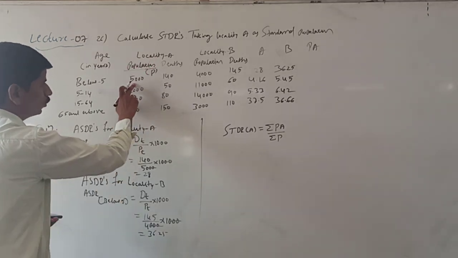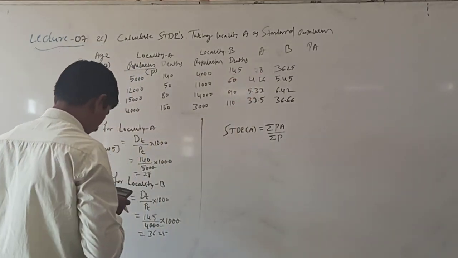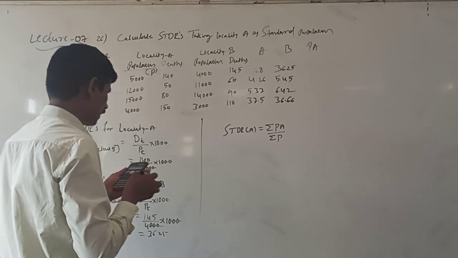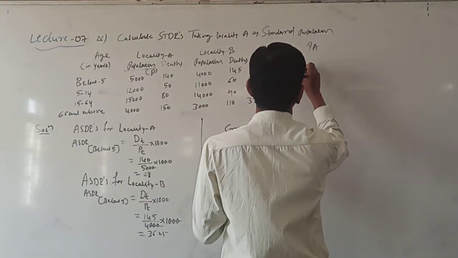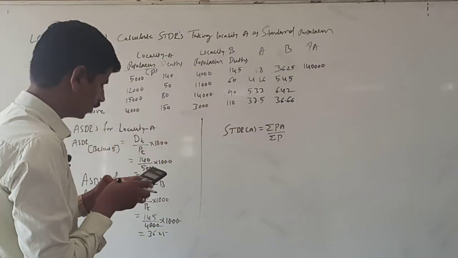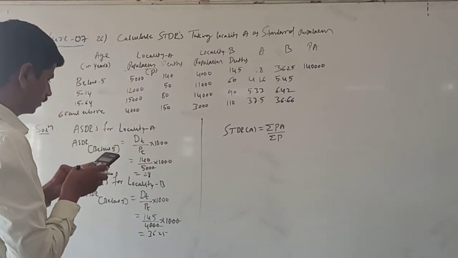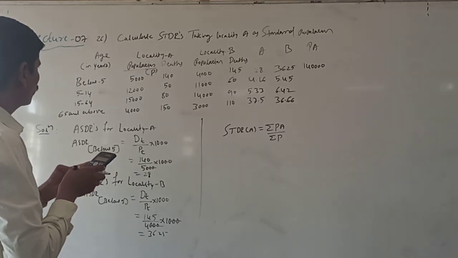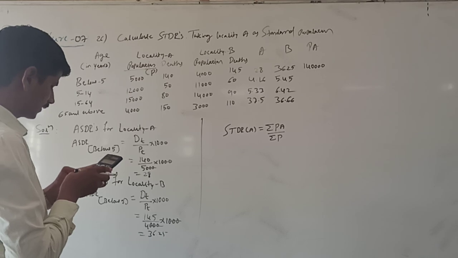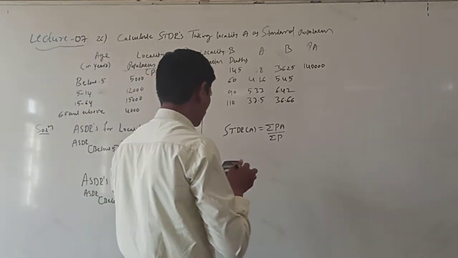Okay. Here 5,000 into 28, then we'll get 1,40,000. Next 12,000 into 4.16, then we'll get 49,920.